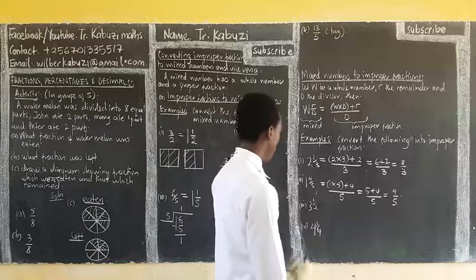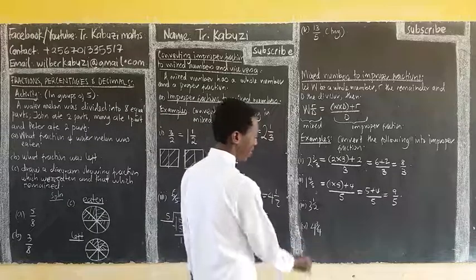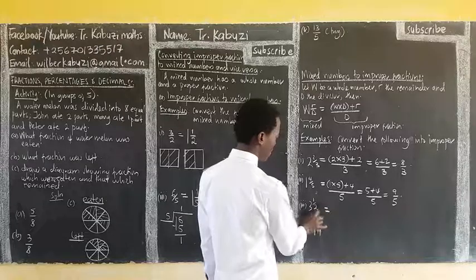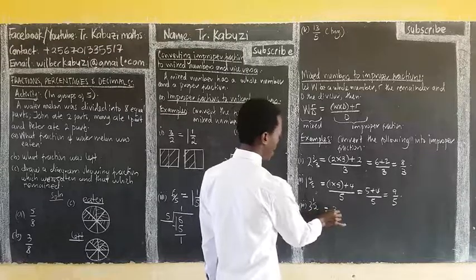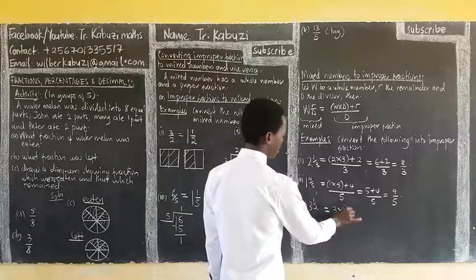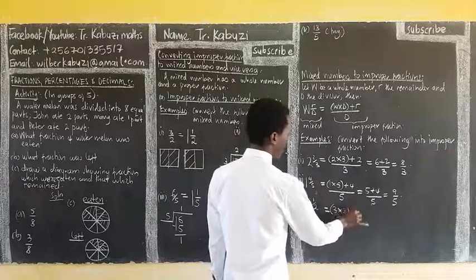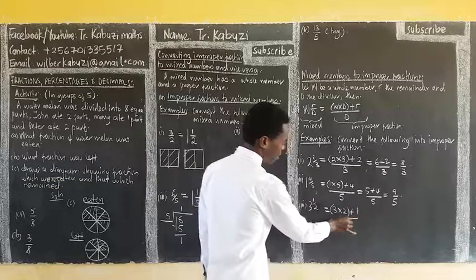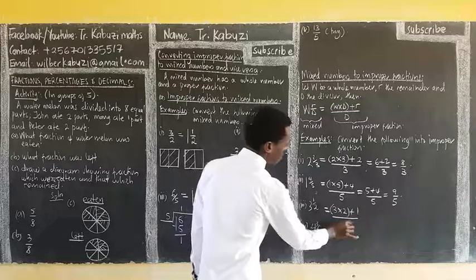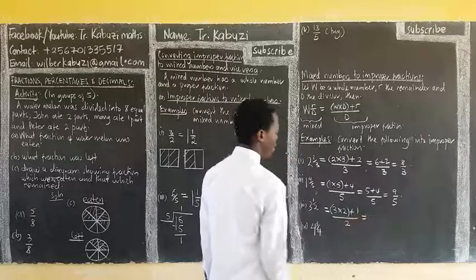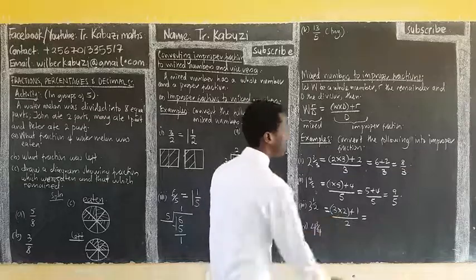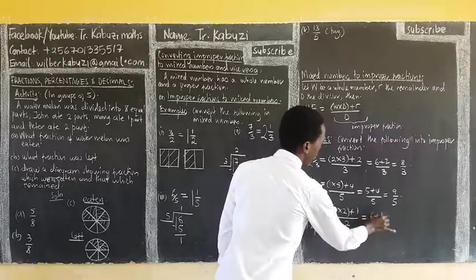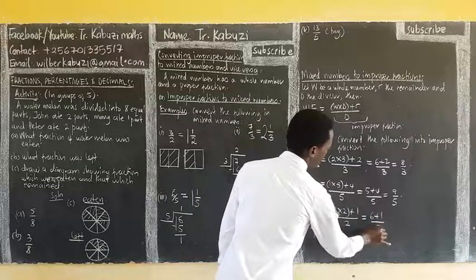Can I do another one? Okay, let me handle this one, then you do this one. So we get 3, the whole number, times the divisor. Then after that, we add our remainder. Our remainder is now 1, the whole over the divisor, which is 2. So this is 6 plus 1, the whole over 2.